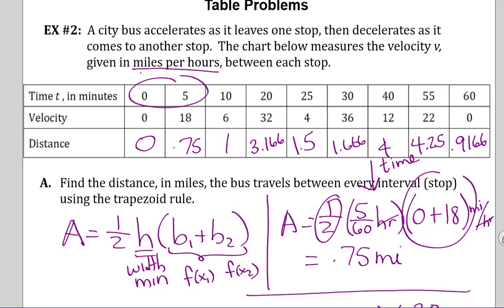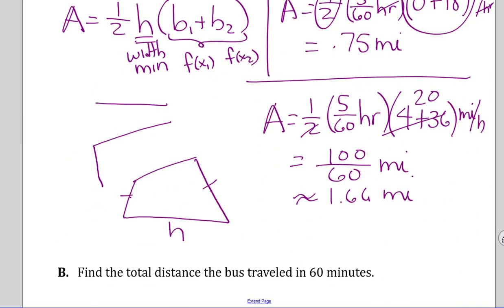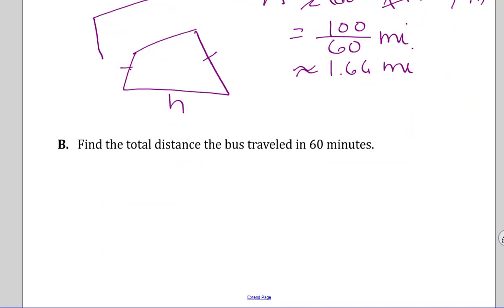Notice that these distances are just the distance traveled over that interval. Okay, part B asks us to come up with the total distance, and so we're going to just add all of these values up. And if we add them all up, we should come up with a total distance of 17.2486 miles.